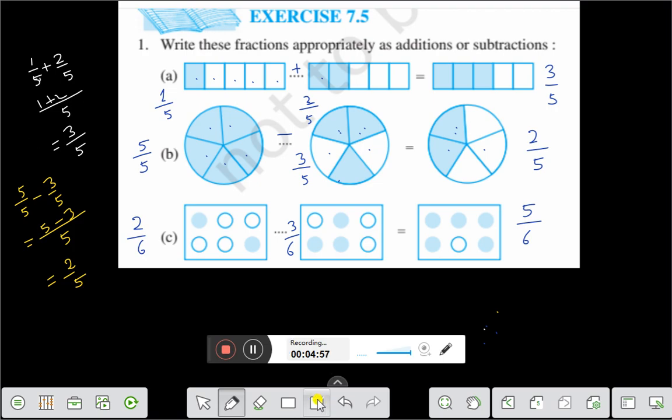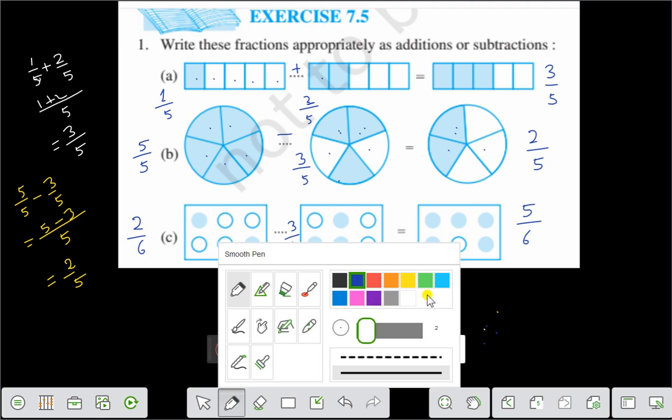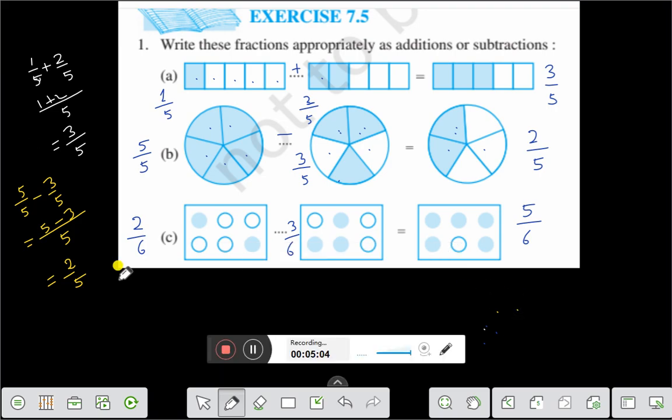Let us add this one. What are we getting? That is 2 by 6 plus 3 by 6, LCM is 6, 2 plus 3 is equal to 5 by 6.